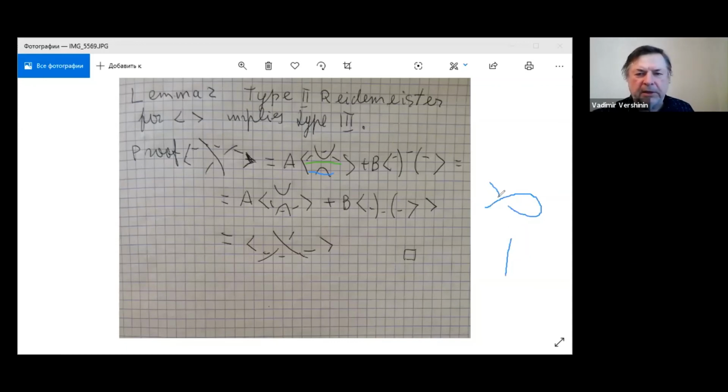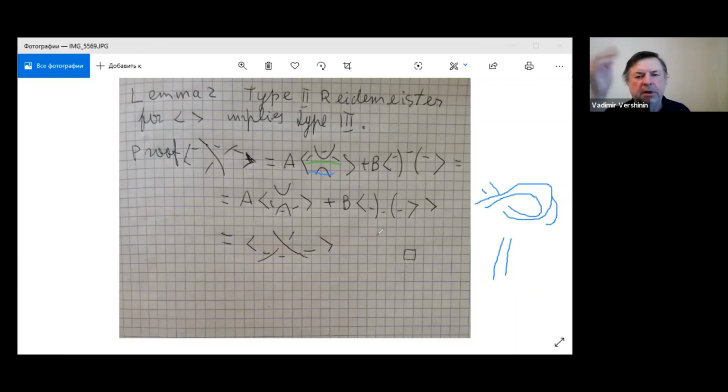And when you make this go to this, you need to make a rotation, and your ribbon will not be a trivial ribbon like this. If you're considering this as a ribbon, these are two different ribbons. So if you consider ribbon knots, then the Kauffman bracket is an invariant of the ribbon knots.